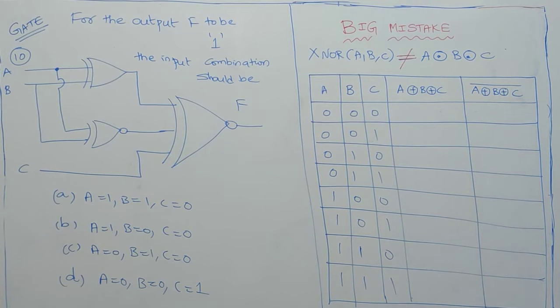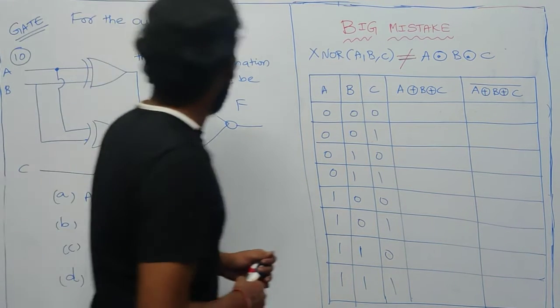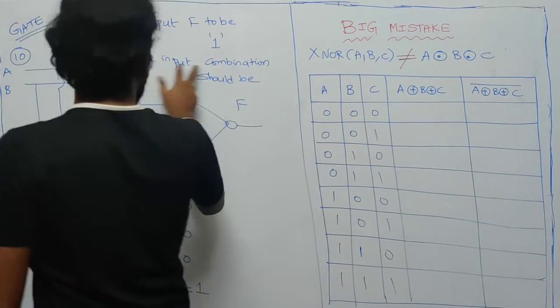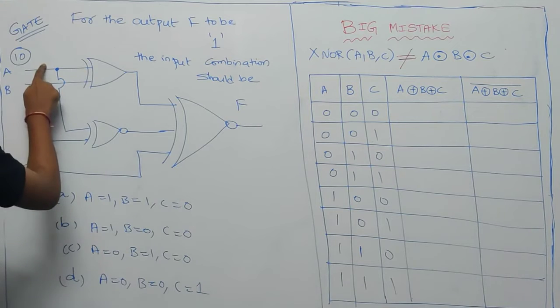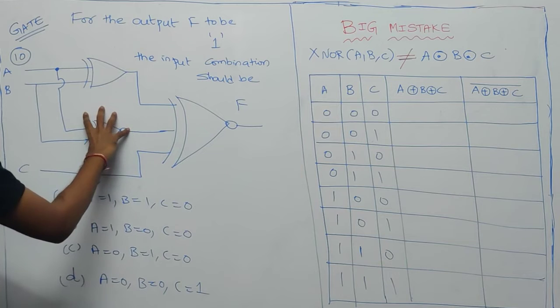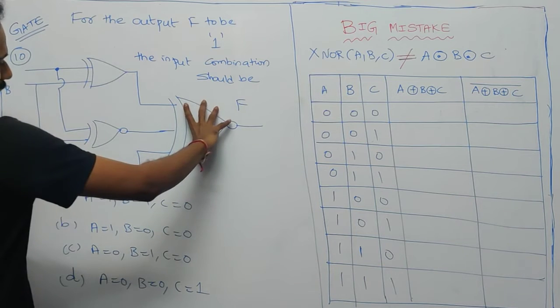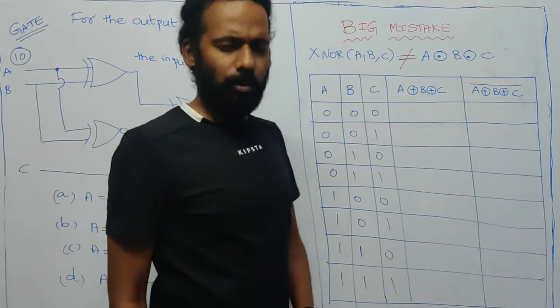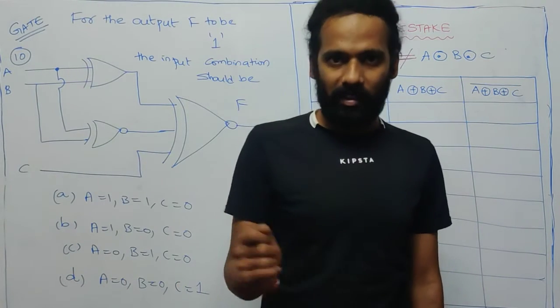Let's solve the next gate question. For the output F to be 1, what should the input combination A, B, C be? This is a 3 input XNOR gate. Now, I keep seeing students making big mistakes.